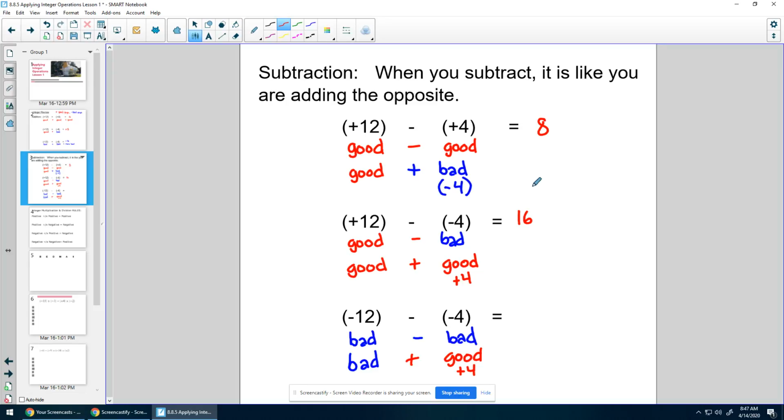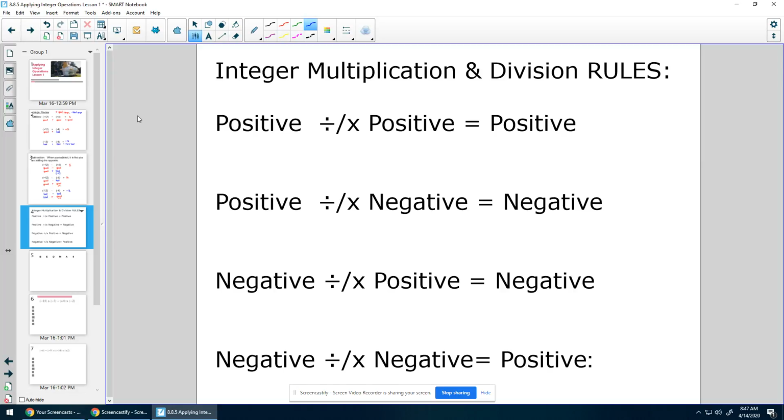So then we look at this just like we did addition. We have 2 different teams. Which one's the bigger team? Our negative in this case. So we know that negative is going to win. Then we see what's the difference between negative 12 and positive 4. Well, negative 8.